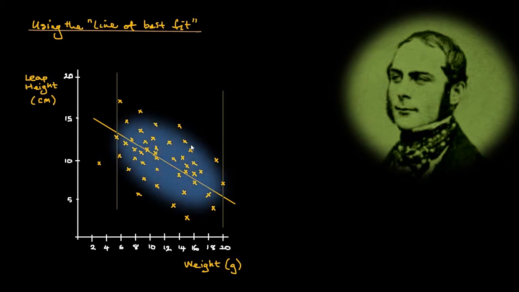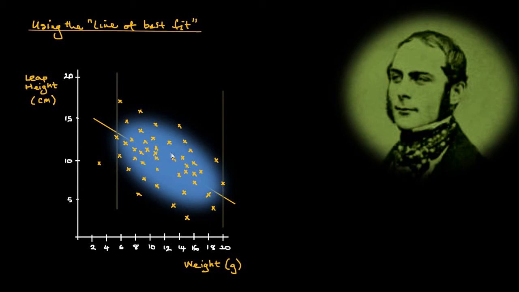In fact, if I imagine it as a kind of fuzzy ellipse, then we can see, before we actually do any analysis on the data, what sort of pattern this is representing and where the bulk of the probability is going to lie, which is in the central region here.